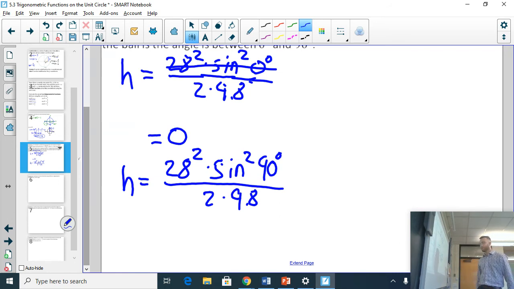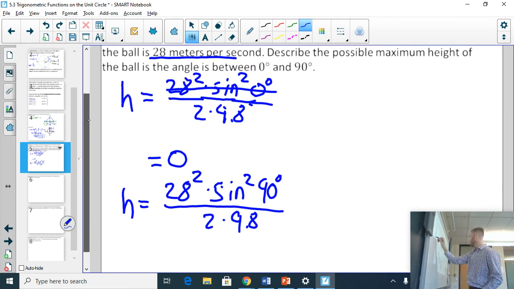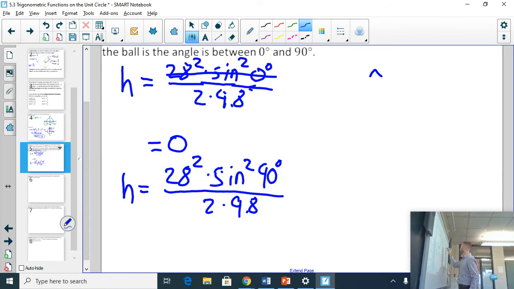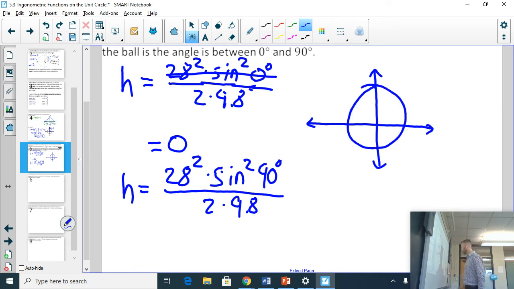Now, you could punch this in your calculator, but sine of 90, what would sine of 90 be? If we think of a unit circle, 90's here. Where's that point? 0, 1.